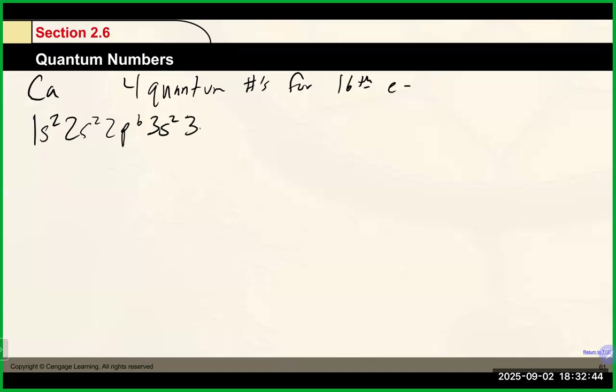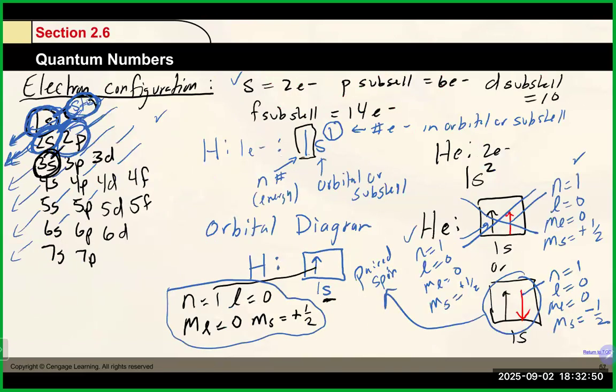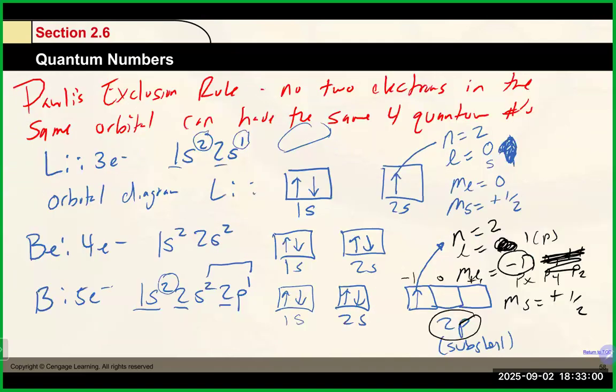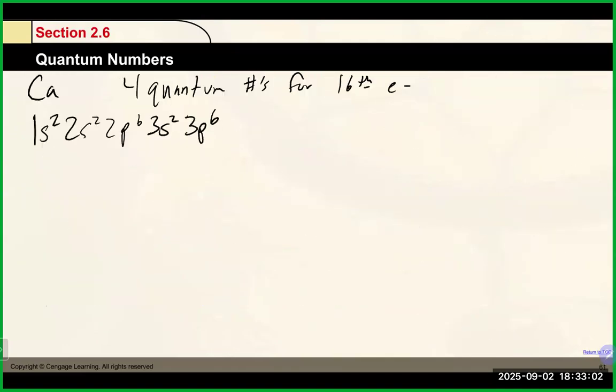We then would go 3p6, which would get us to 18. And again, remember that as we talked about, after we go 3s2, we're coming this way to 3p. We are now going to 4s next, not 3d. So 4s2 should be the proper electron configuration.